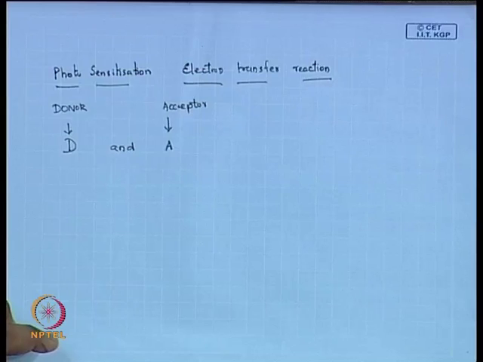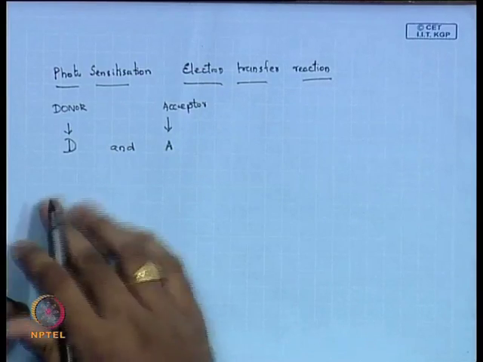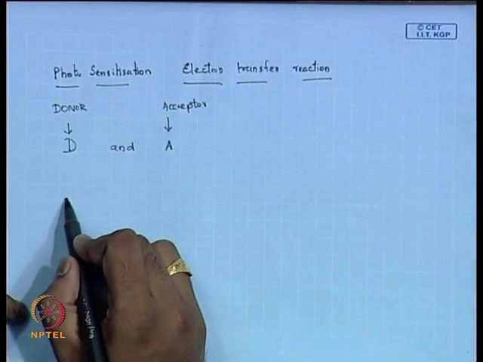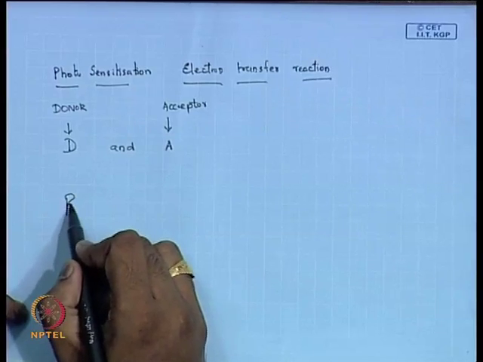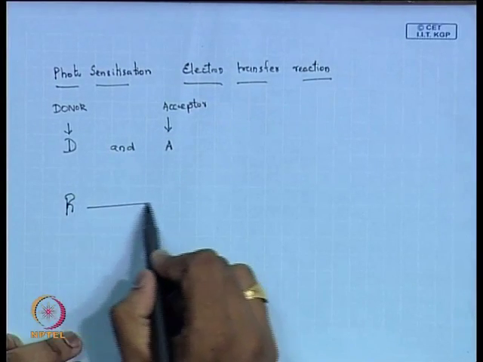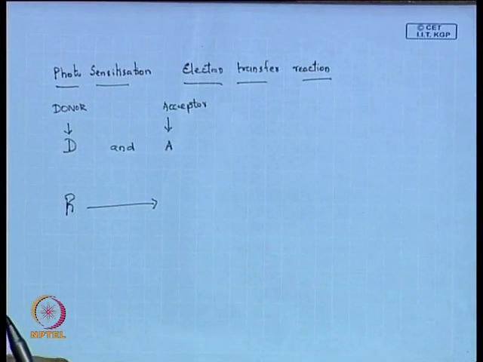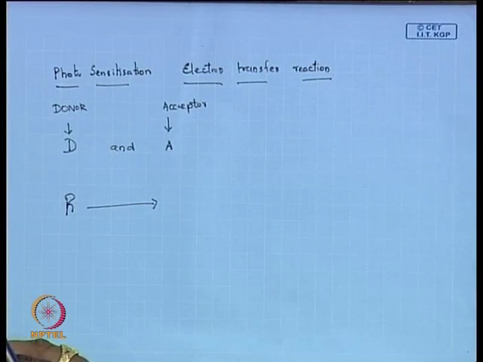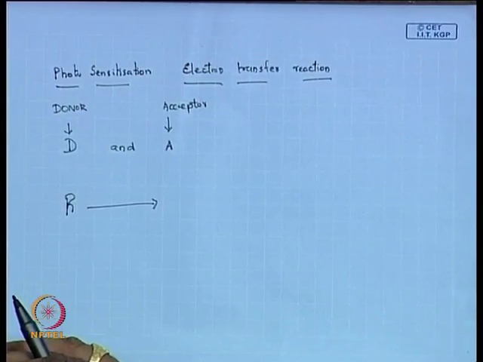Okay. So, how this chemistry works is that you take a reactant R, okay. You are not going to excite your reactant, right. So, what you are going to do is excite your donor or acceptor.